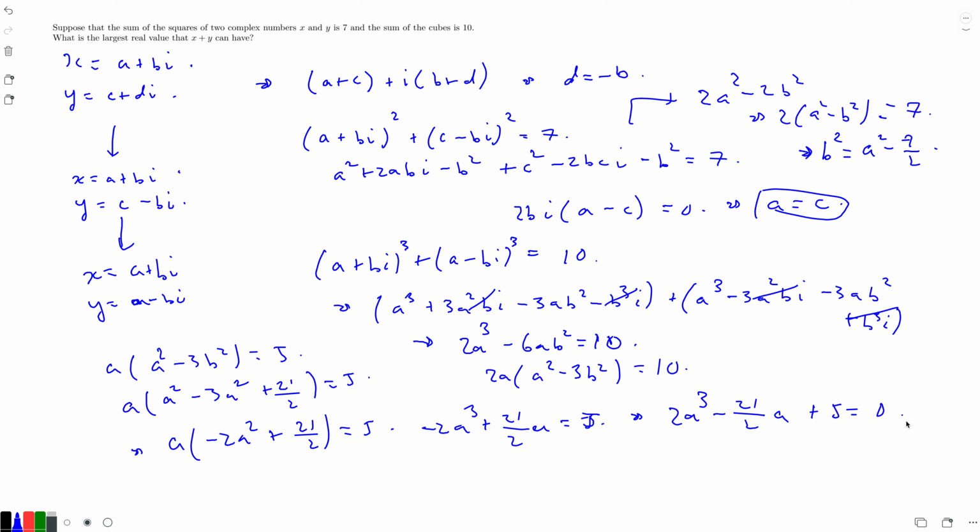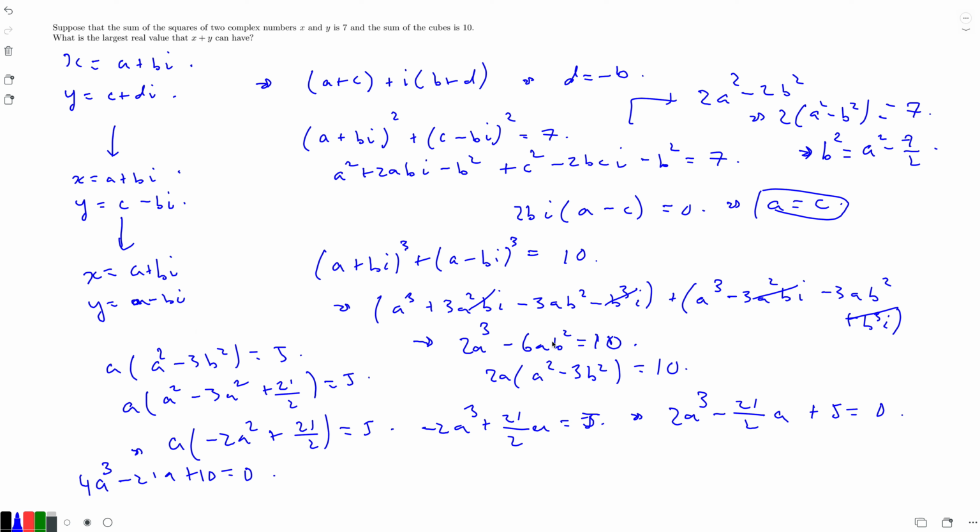Of course, there's nothing fun about a fractional part, so we'll multiply both sides by 2 to get 4a cubed minus 21a plus 10 is equal to 0. And now we need to find values for a that satisfy this. By the rational root theorem, we can quickly see that a is equal to 2 will satisfy, because we get 32 plus 10 minus 42, which is equal to 0.